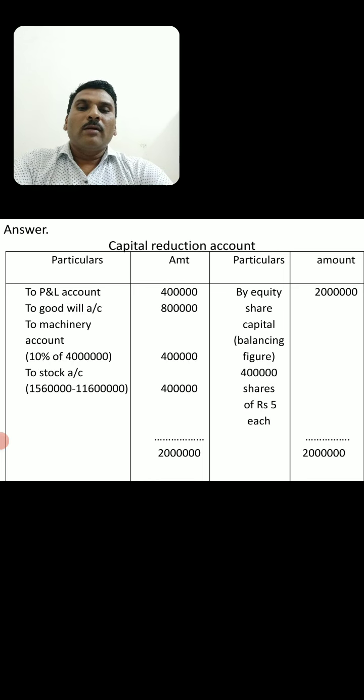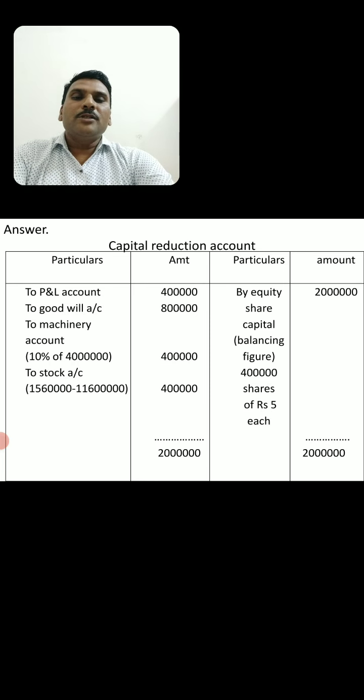The original value of stock is 15,60,000, and the stock value is written down to 11,60,000, means 4 lakh is reduced. So like this, a total of 20 lakh is utilized for writing off the accumulated losses and the debit balance of the reduced value of the assets.